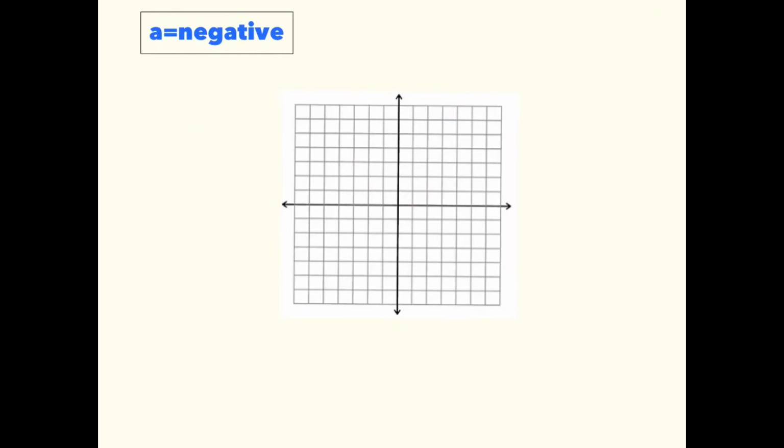Now, the last thing is when a is negative, when it's a negative number. So I'm going to work with the square root parent function. So here is y equals the square root of x. There it is. And when we have a negative, y equals negative square root of x, it just reflects over the x-axis.